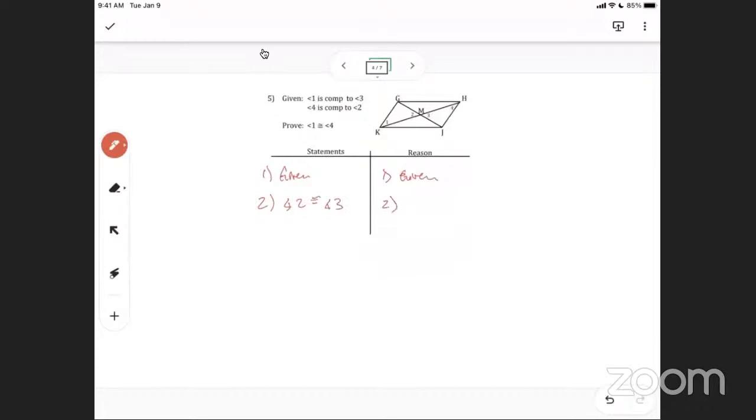And do you know the reason for that? Yeah, vertical angles. Perfect. So vertical angles are congruent. And since I have 2 and 3, what was that one property you just read to me that we used before? The complementary to congruent. That's right. Angle 1 is congruent to angle 4 because of that theorem that you just said.